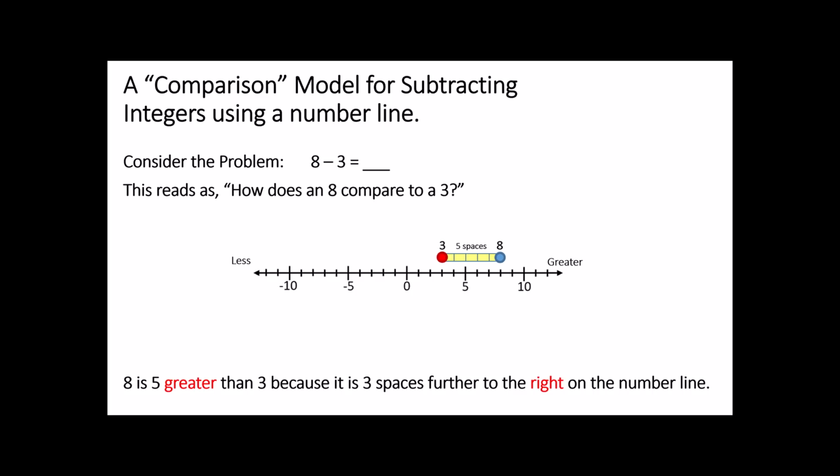So we would say that when someone asks the question, how does an 8 compare to a 3? It is 5 larger because it is 5 spaces to the right. Do you see how that works? The location on the number line not only tells us the distance between the numbers, but it also tells us which one is greater and which one is less.